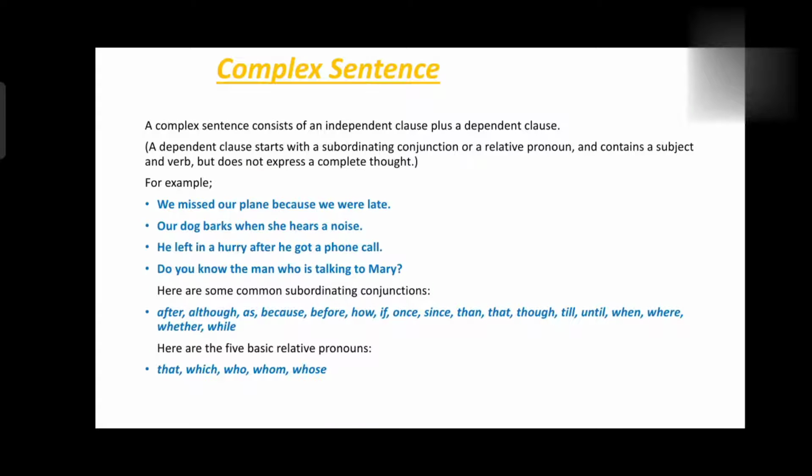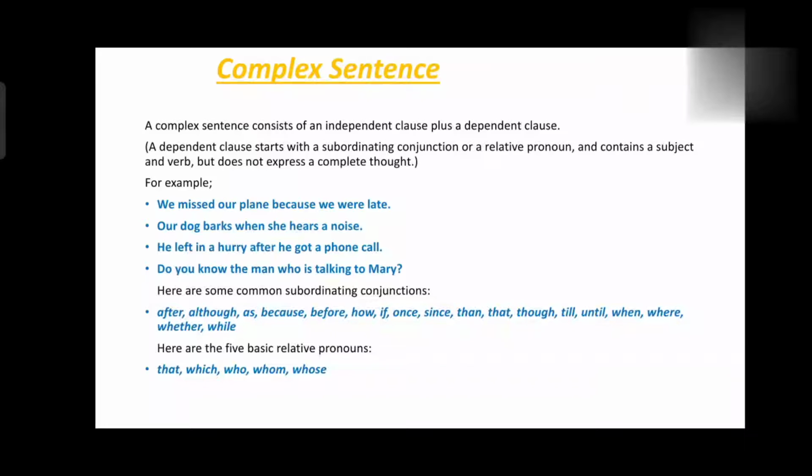For example, we missed our plane because we were late. We missed our plane is an independent clause, because is a subordinate conjunction, and we were late is a dependent clause.